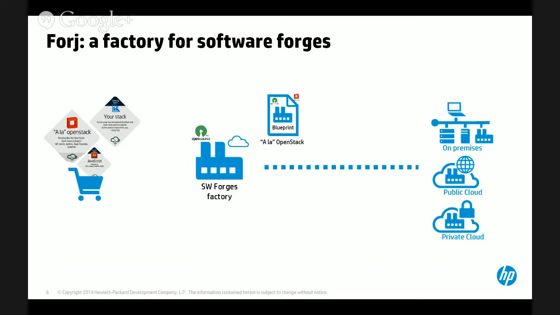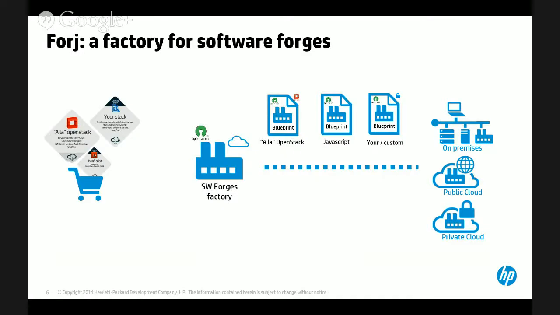But here we are trying to take it to another level. Instead of having a forge that you can either take advantage of as software as a service in the public cloud, or install on your premises, what we are trying to do with Forj is create what we call blueprints. They are really recipes to create forges the way you like them.